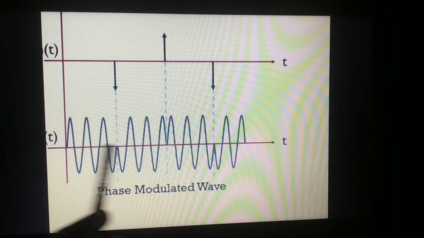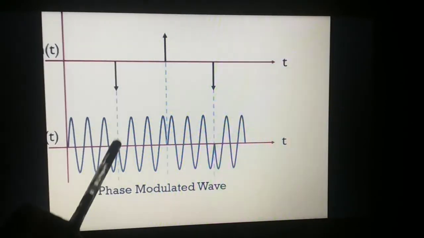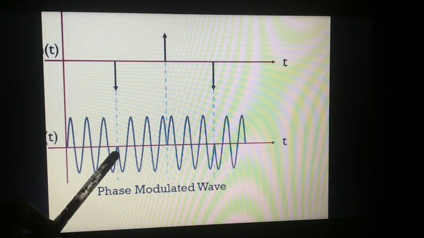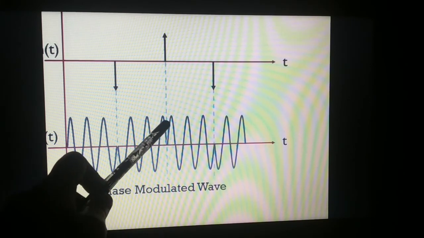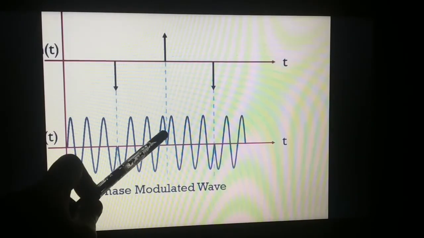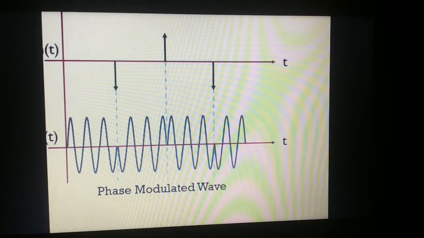So in this way, we have to draw the phase modulated waveforms. Instead of going up, it is going down. Here also, at the end of the cycle, instead of going down, the waveform goes up. So in this way, we have to draw the phase modulated waveform.